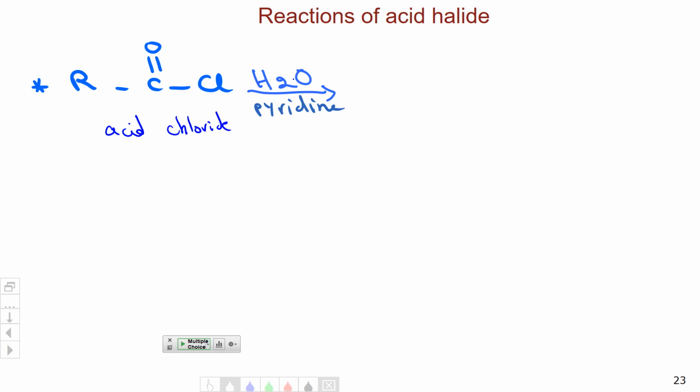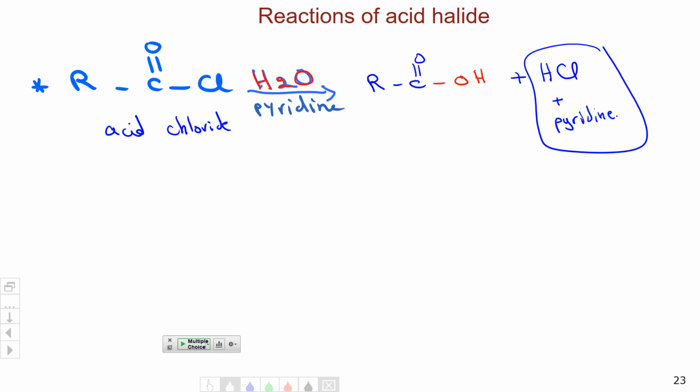And I add H2O and pyridine just as a catalyst, and I'm going to talk about it. I'm going to end up, and in here I'm going to use a different color for you to see it, to give this in here.